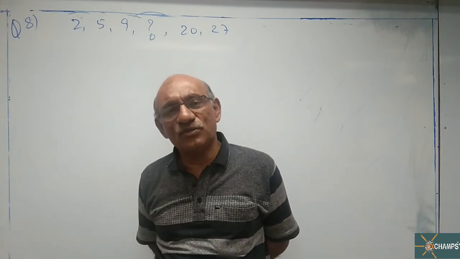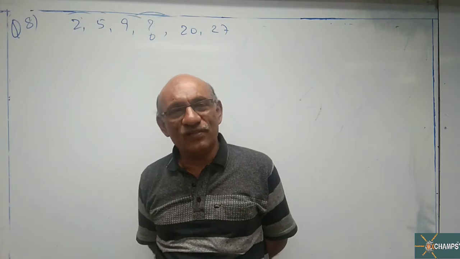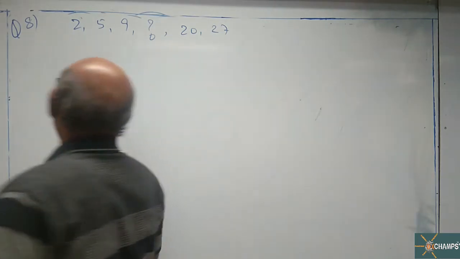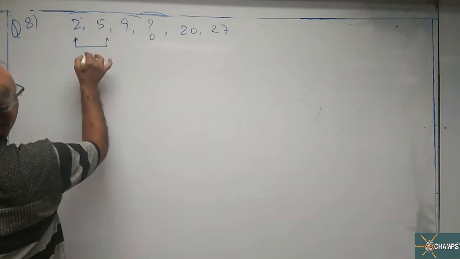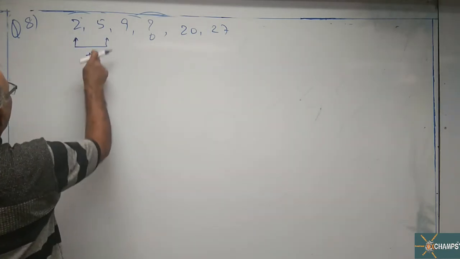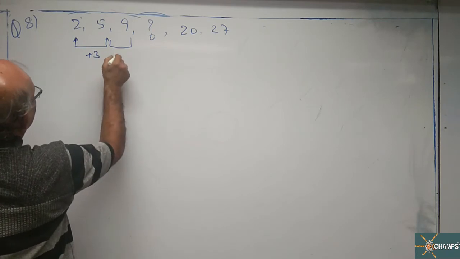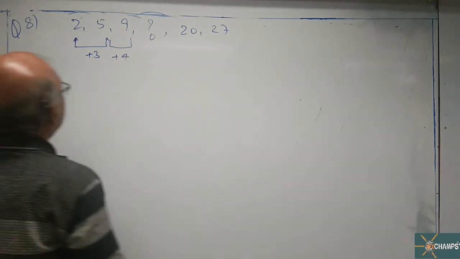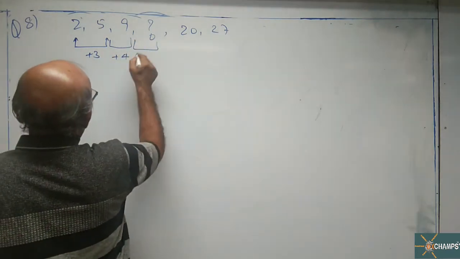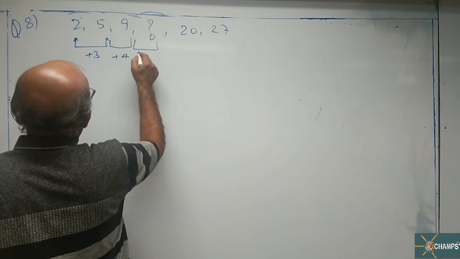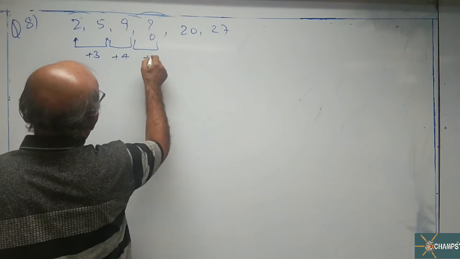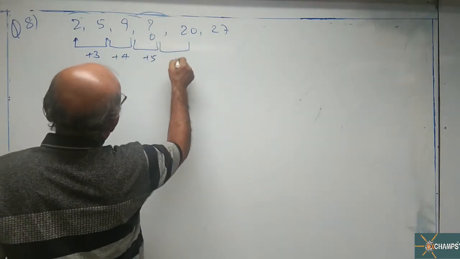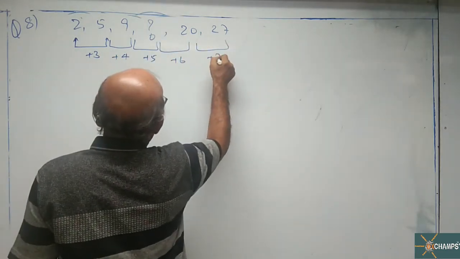So traditional approach, first time, let us go with the difference of the numbers. This is plus 3, 2 plus 3, 5, 5 plus 4, 9. Then plus 5, and plus 6, and here it is plus 7.